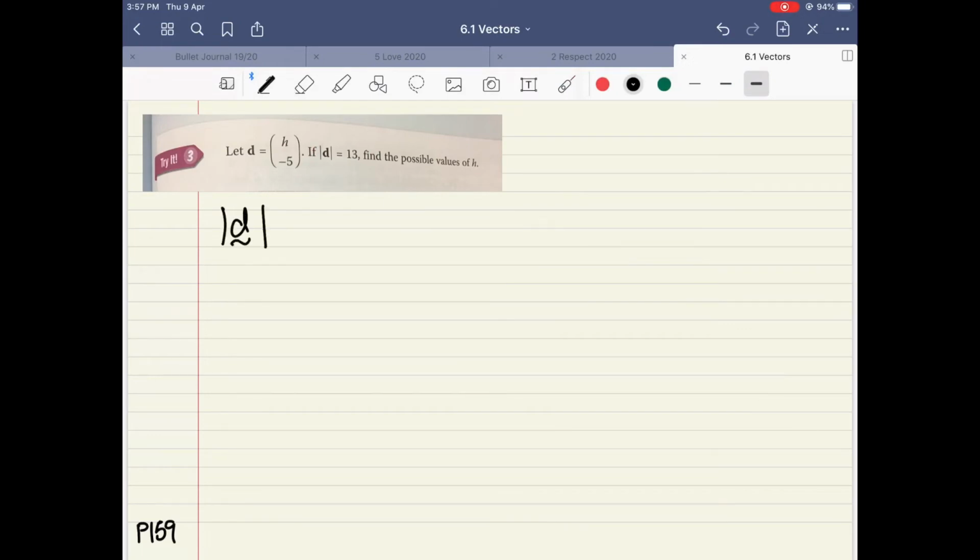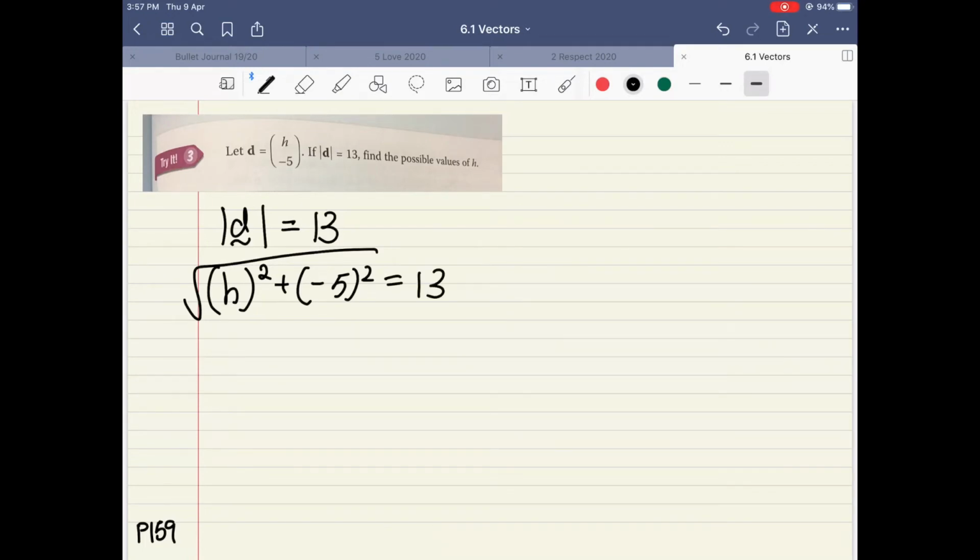So I'll say that the magnitude of vector D is equals to 13. So what is the magnitude of vector D? I will get those values from here and here. So I'll say that H square plus negative 5 square root is equals to 13.